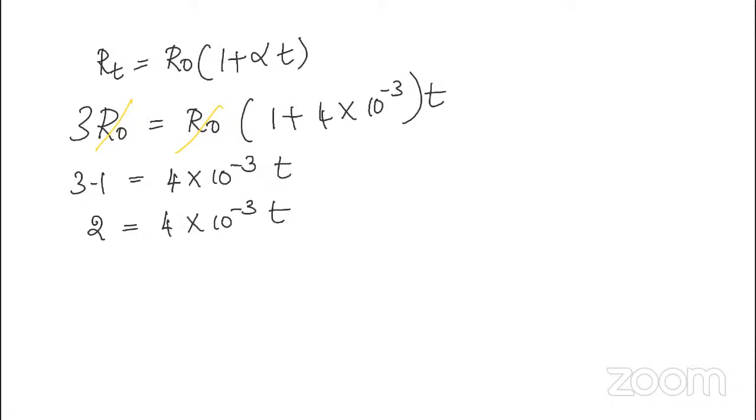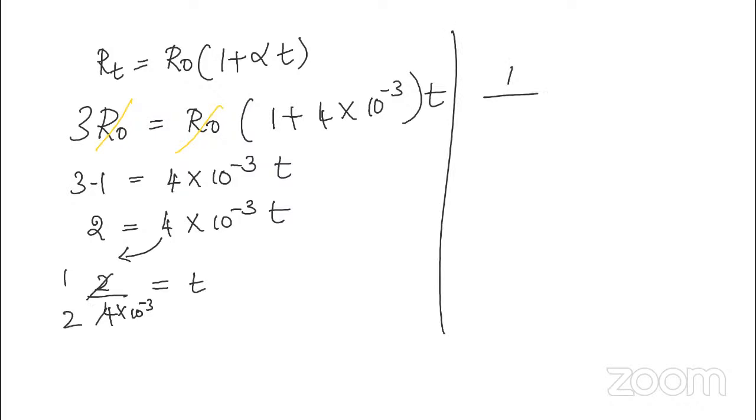Okay, so next step, we can divide by 4. So 2 divided by 4 is equal to, we need the value of T, so 4 into 10 power of minus 3 into T. So this is 1 time and this is 2 times.